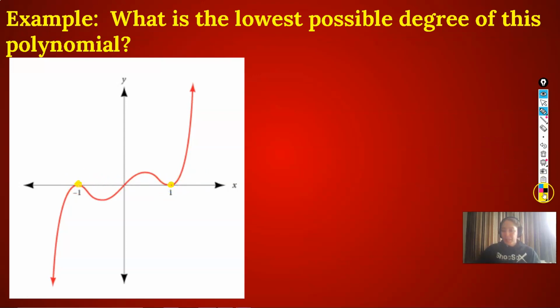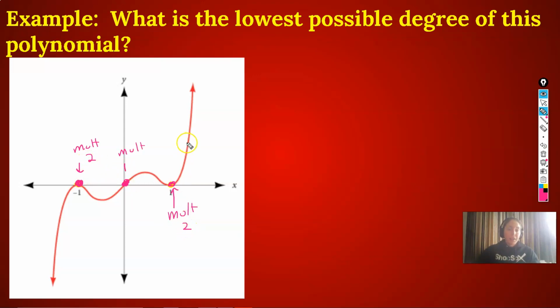So I know that's a multiplicity of 2, and this spot is a multiplicity of 2 as well. And then we pass through here. That's a straight pass-through point, so that's a multiplicity of 1. So the lowest degree of this polynomial could be 2, 3, 5.